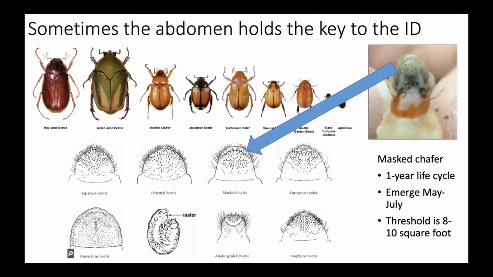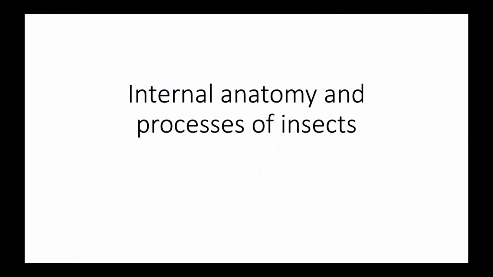In this case, it's a masked chafer because it's just kind of random hairs. Then we know it's got a one year life cycle, when it's going to emerge as an adult, and what the threshold is. If we don't see more than 6 to 8 grubs in a square foot area, then we wouldn't really be too concerned. So, sometimes we need that abdomen and those identifying features.